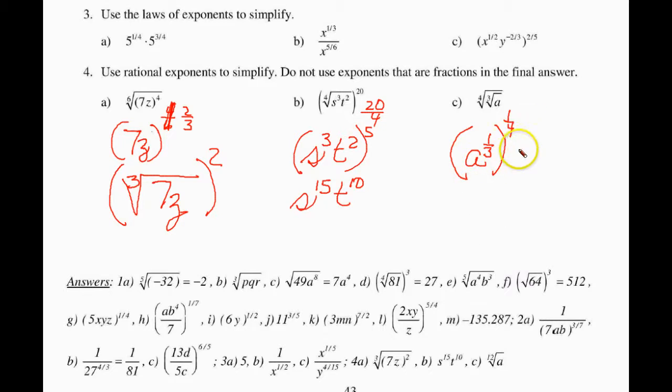So what does this become then? Well, we have to multiply. This becomes a to the 1/12, and they don't want fractions, so it becomes radical sign a. Our exponent is 1 that we don't write, and our index number is 12. And that's what they have.